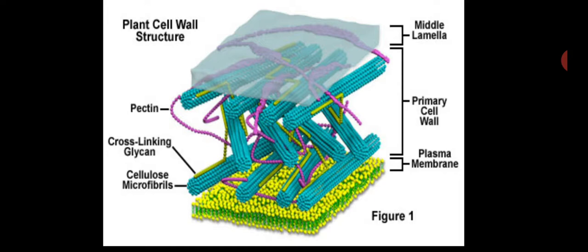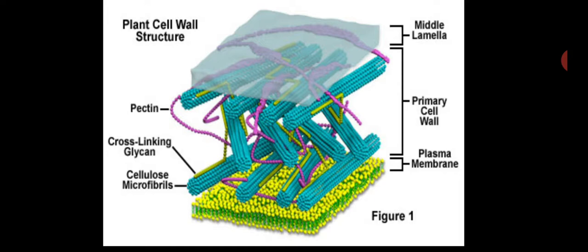On either side of the middle lamella, each cell forms its own primary cell wall. The primary cell wall is secreted by the plasma membrane, Golgi bodies, and endoplasmic reticulum. Together they form vesicles of cell wall materials.